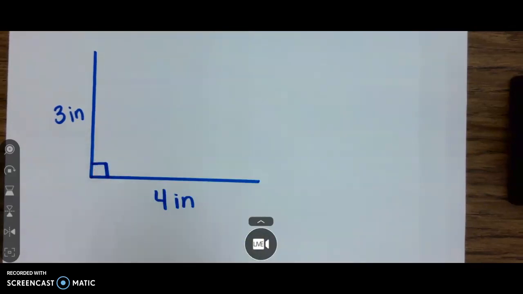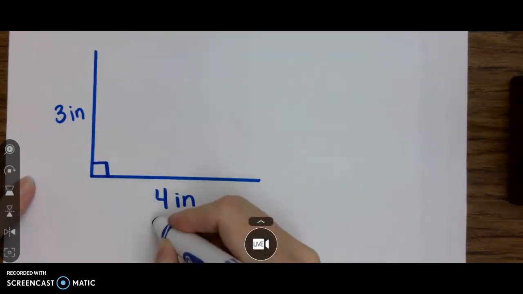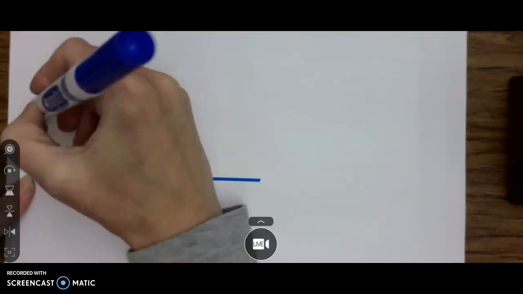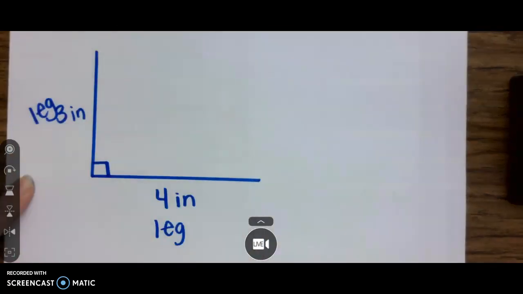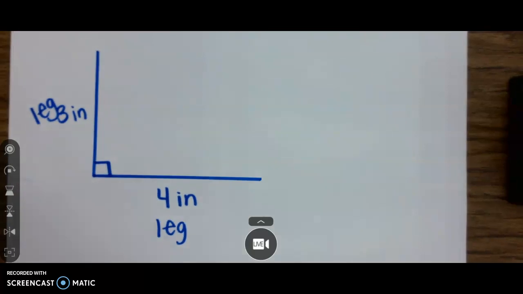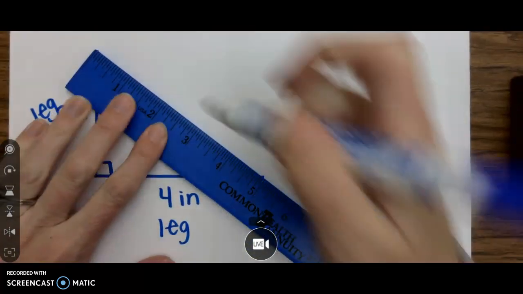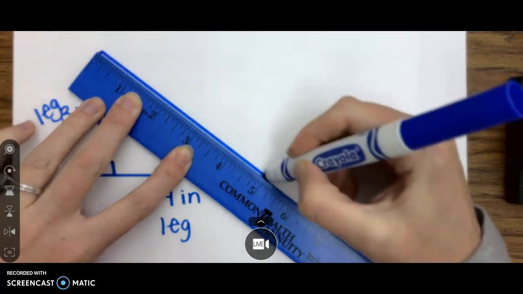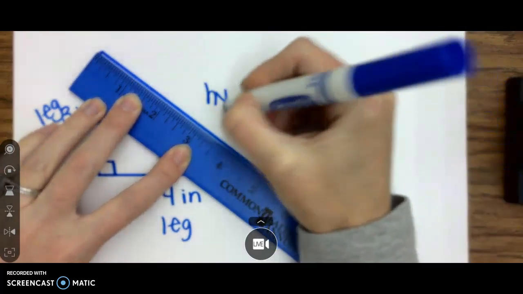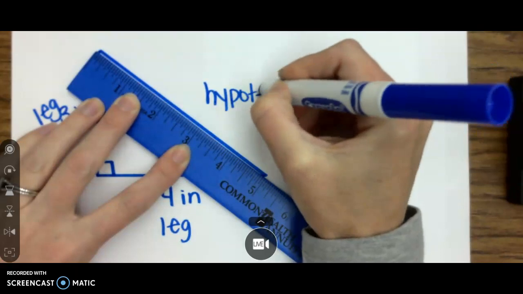Right, so here is our right angle, or 90 degrees. So the two lines that come together to make this right angle, they are each called the legs. Okay, then the other line that we used to connect those two legs, we call this one the hypotenuse.